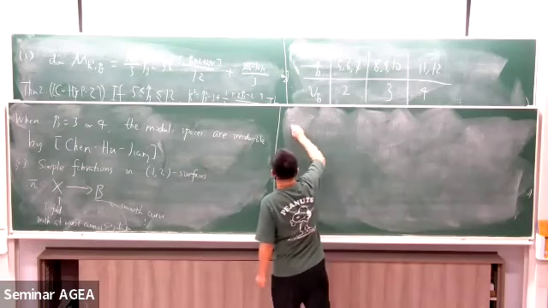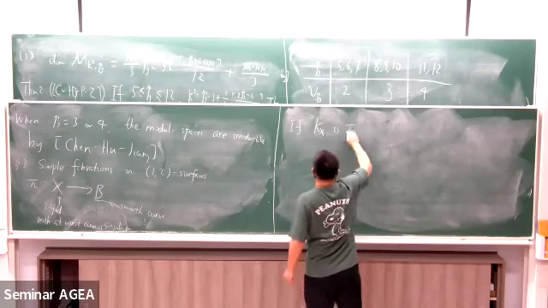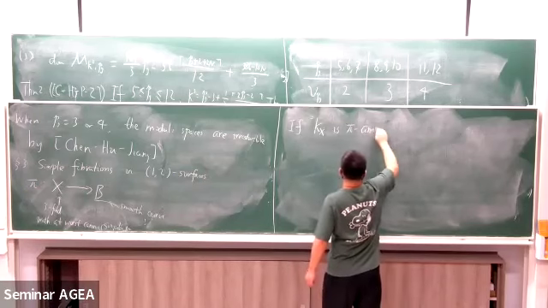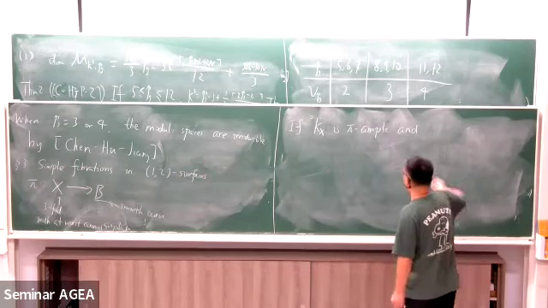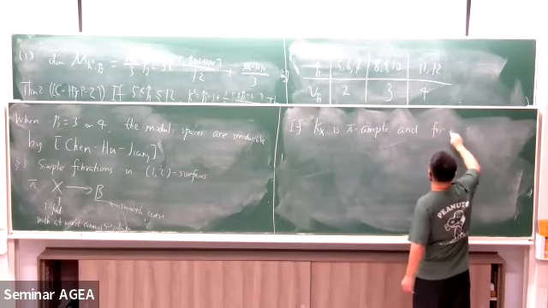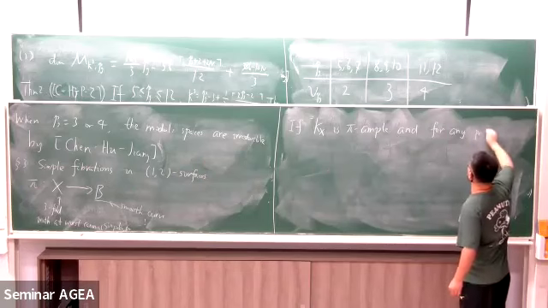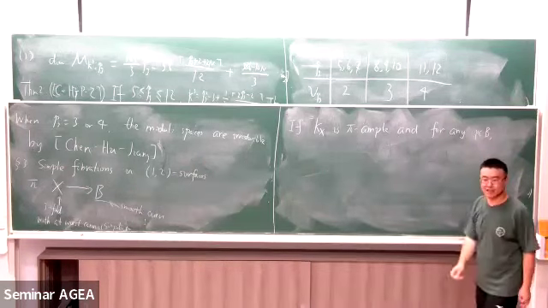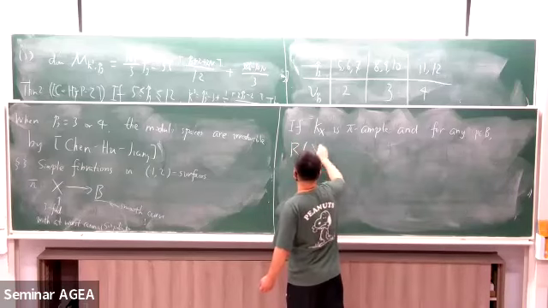And if K_X is pi-ample, and for any closed point P in B, you can consider the canonical ring of the fiber X_P.